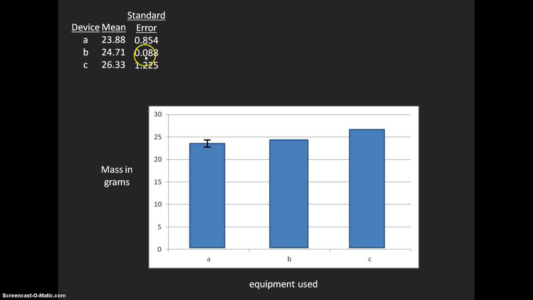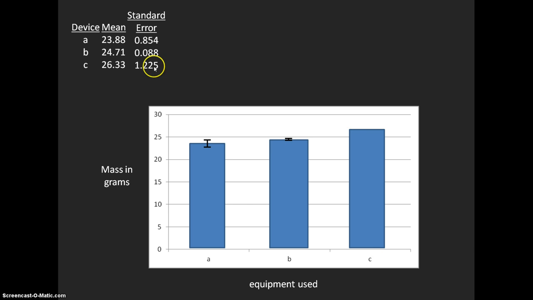Over on B, our standard error is 0.088. So again, we would go 0.088 above and 0.088 below our mean. In this case, that means we would go up to 24.8, which doesn't really get us very high above that line, and down to 24.6, and so our error bar looks something like that.